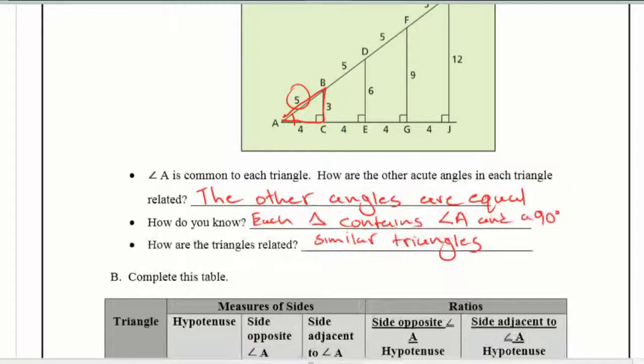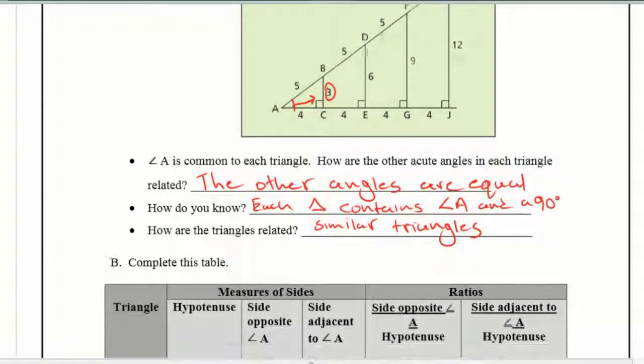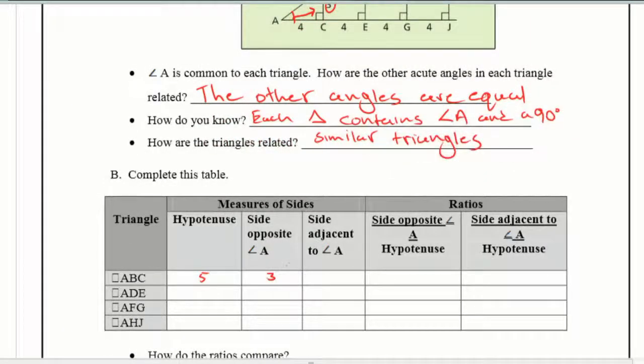The side opposite angle A, so if I start at A and go to the opposite side, has a length of 3. And the side adjacent to A is this down at the bottom, which has a length of 4. So if I took the opposite and divided it by the hypotenuse, I would get 3 over 5. And if I took the adjacent and divided it by the hypotenuse, I would end up with 4 over 5.